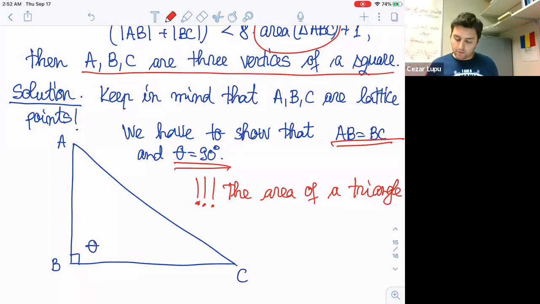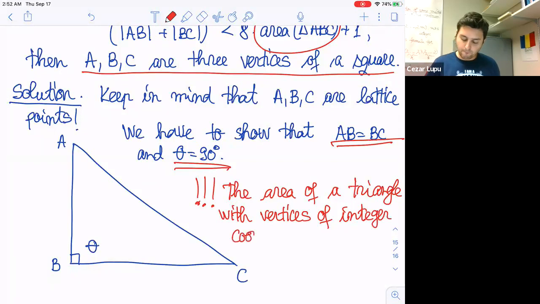the area of a triangle with vertices of integer coordinates is half of an integer.